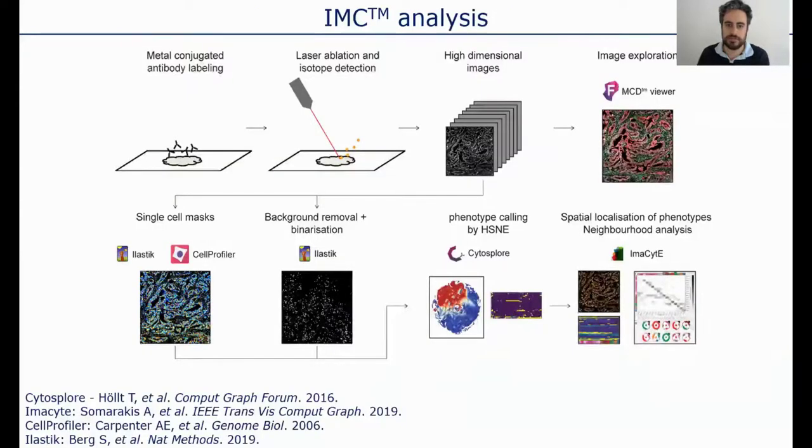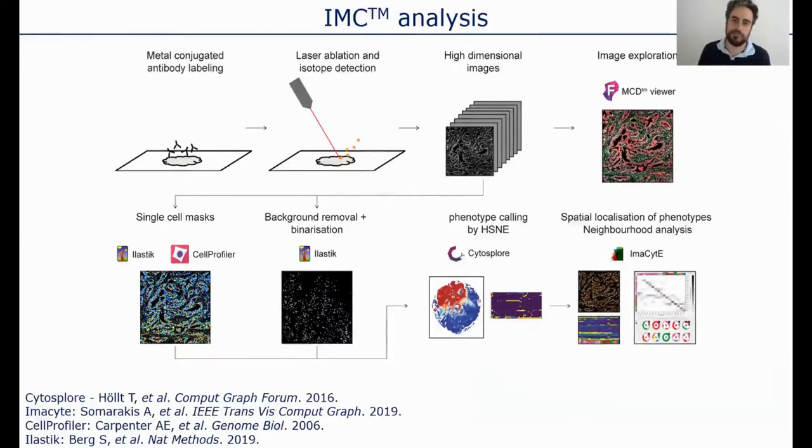We make use of a number of in-house developed tools, as well as tools that are publicly available for the processing of the data. So we start with inspecting the quality of the antibody signal with the MCD viewer, and if that looks good, we develop cell masks and perform background subtraction by making use of CellProfiler and Ilastik.